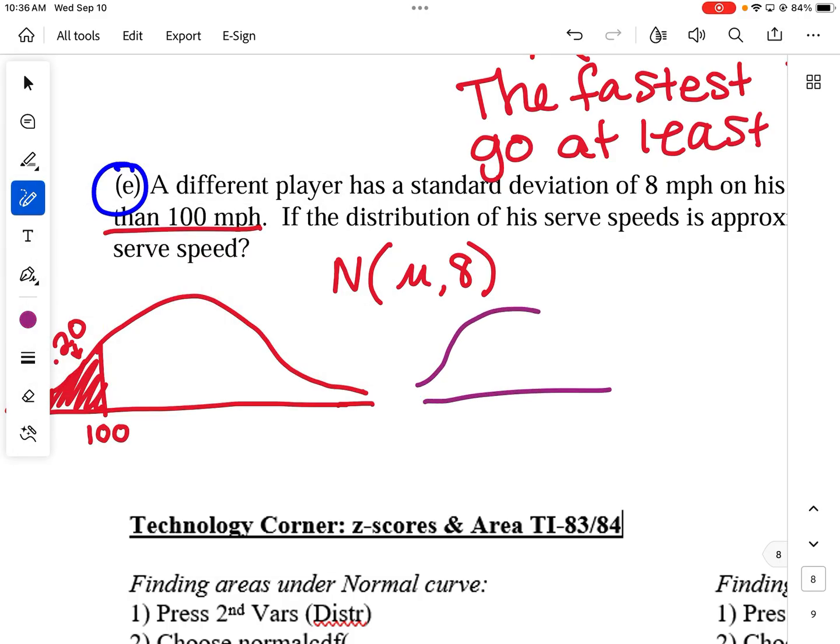So standardizing it would look like this. Still the 20%. But when you standardize it, we do get 0 and 1. So knowing that information, we can find out what this is. And then that's going to help us find our mean.